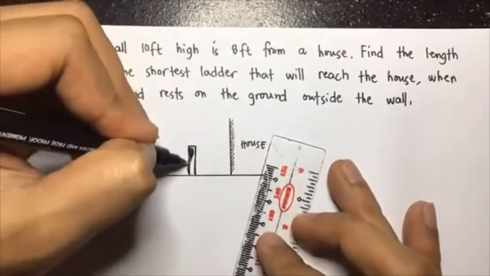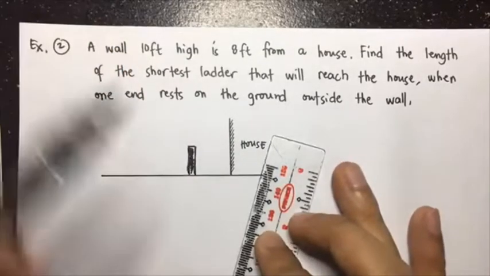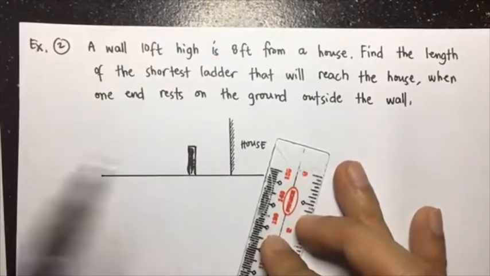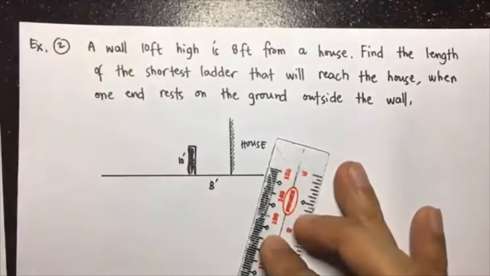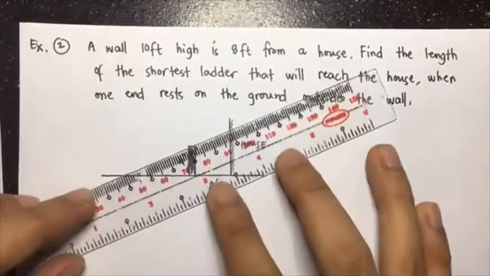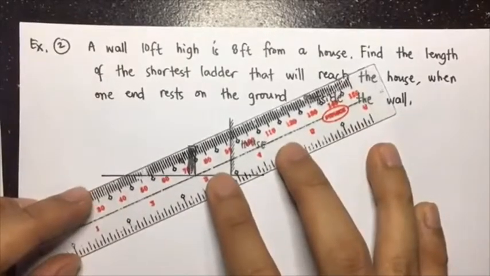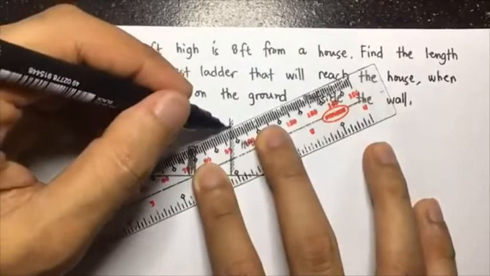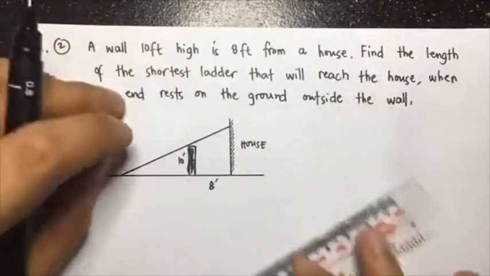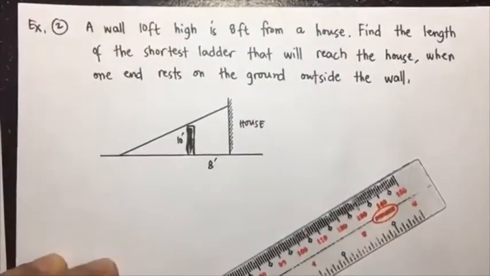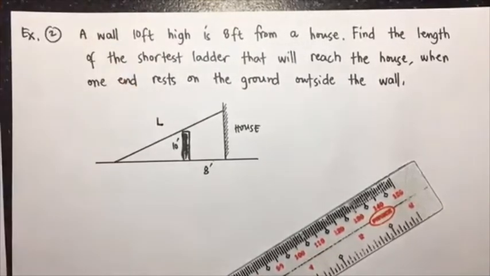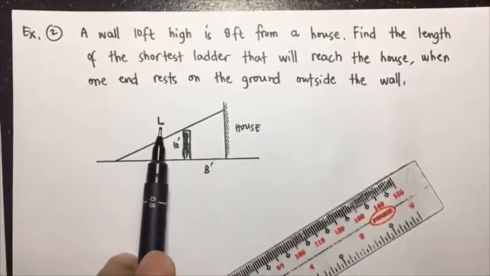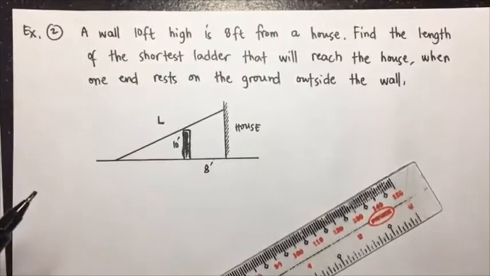So let's say this wall is 10 feet high and it is 8 feet from a house. So it's 10 feet and then we have here 8 feet. Okay. So we're asked to find the shortest ladder. So let's say this is our ladder, with the length L. Okay. So what is the length of that shortest ladder?